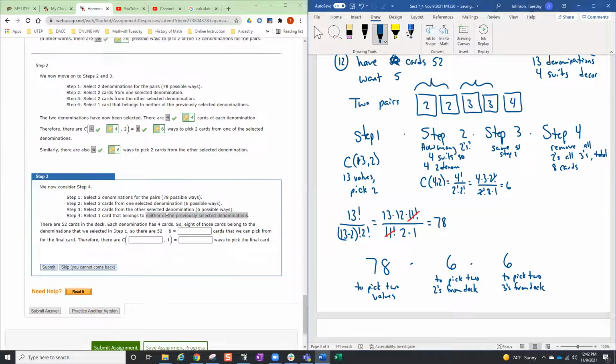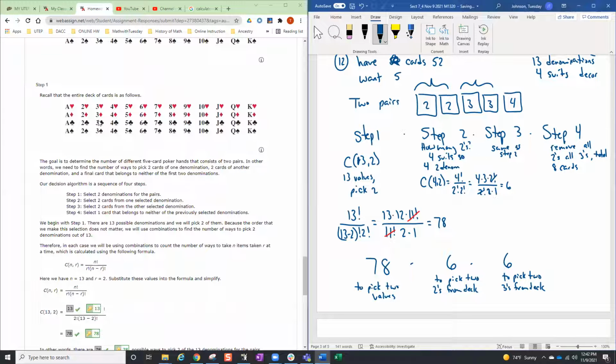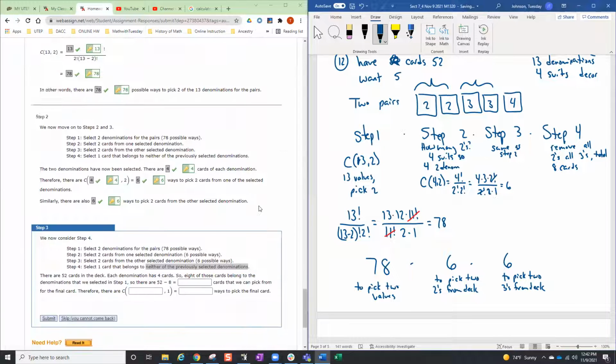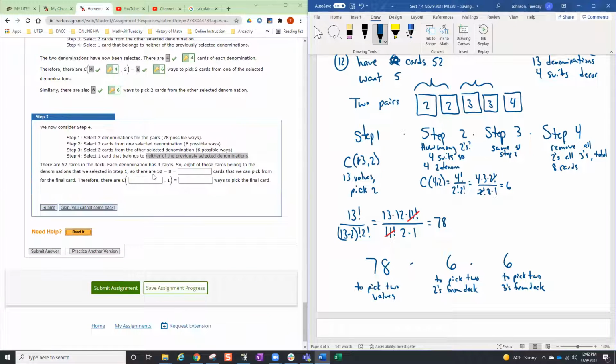All total, there's 8 total cards that we've taken out of the deck, 4 2s and 4 3s. So 52 minus 8 is 44 cards that we can pick from for the final card. So out of the 44 cards that are left, I need one of them.